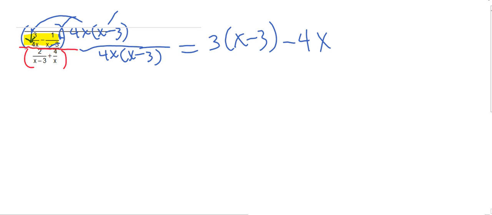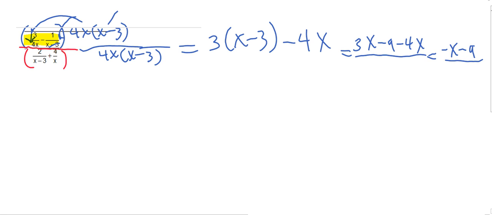If we distribute the top, we're going to get 3x minus 9 minus 4x. And then of course we could simplify that and call that a negative 1x. So we have a minus x minus 9.